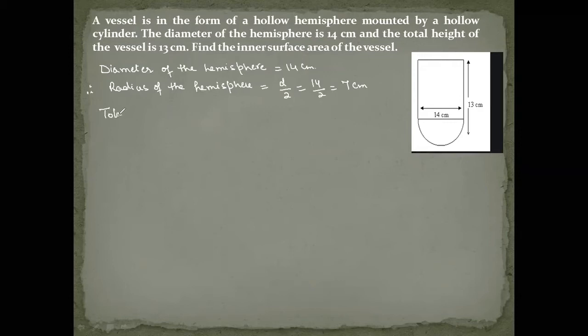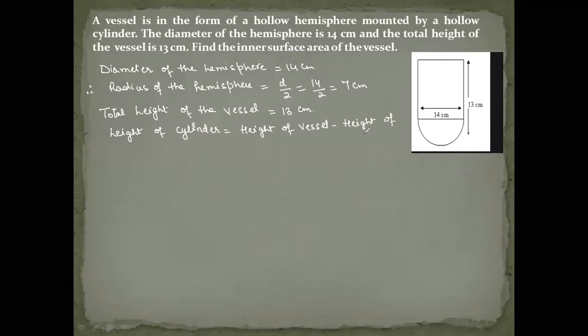Now total height of the vessel is 13 centimeter. So if we want to find the height of cylinder, it will be height of vessel minus height of hemisphere.